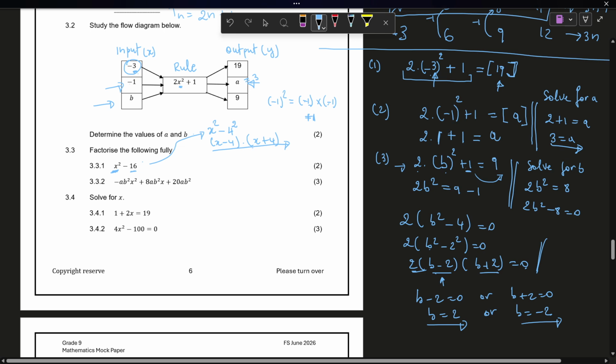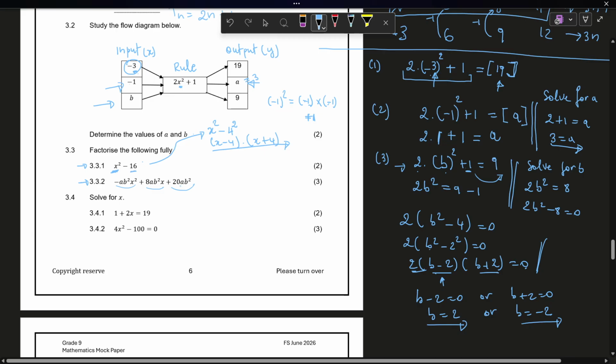So we've managed to factorize the first one. Now let's move to the second. We are done with this. The next one, 3.3.2. Again, when we need to factorize, we first ask, do I have a common factor? How many monomials have I got here? I've got 3: 1, 2, 3.